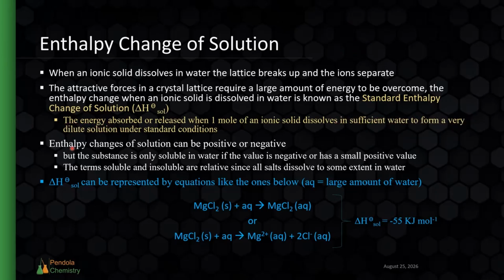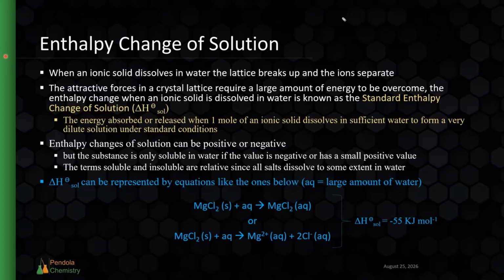Now, enthalpy change of solution could be positive or negative. Unlike some of the other ones we see like atomization or lattice energy, depending on the specific compound, the enthalpy change of solution could be either endothermic or exothermic. The substance is only going to be soluble in water, however, if the value of the enthalpy change of solution is negative or has a very small value.